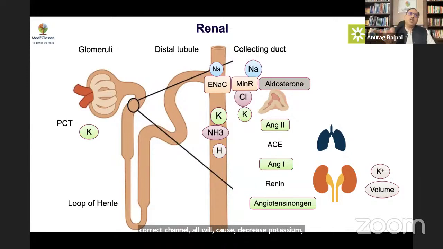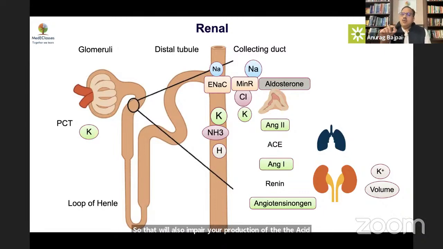Now, remember, proton and potassium are competing with each other. So if your potassium loss is less, the proton will obviously compete in that perspective. That will also impair acid excretion, and that way it will cause a metabolic acidosis, which is mild.